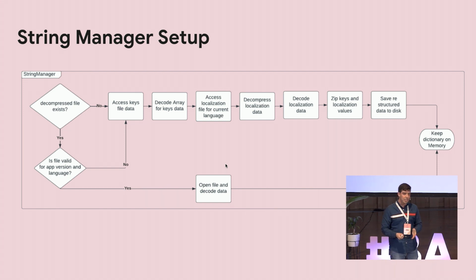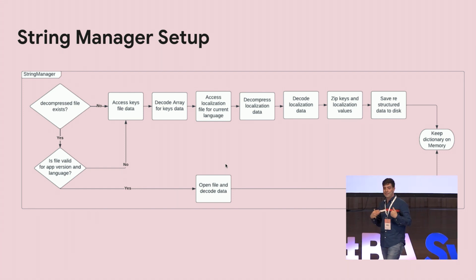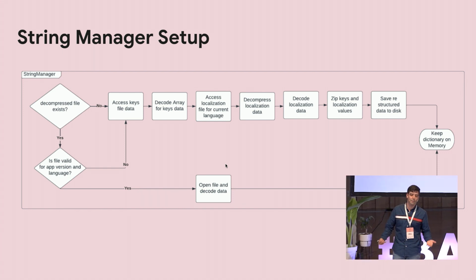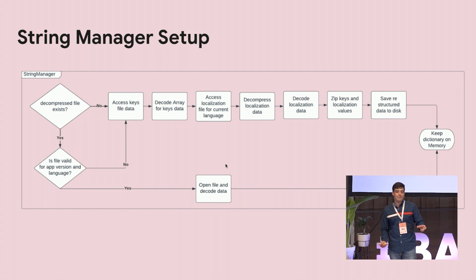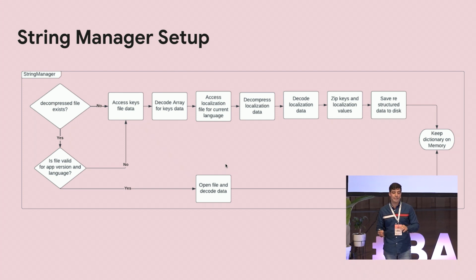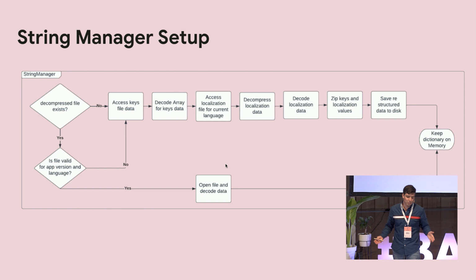So we have an optimization. We don't really want to slow down startup time because we're going to be doing some decompression steps, and that takes time. What can we do to optimize that? We save a decompressed version of the translations for the existing language. On the first run, during the first app launch, we won't have anything to rely on, so we would do just the process. So what is the process?